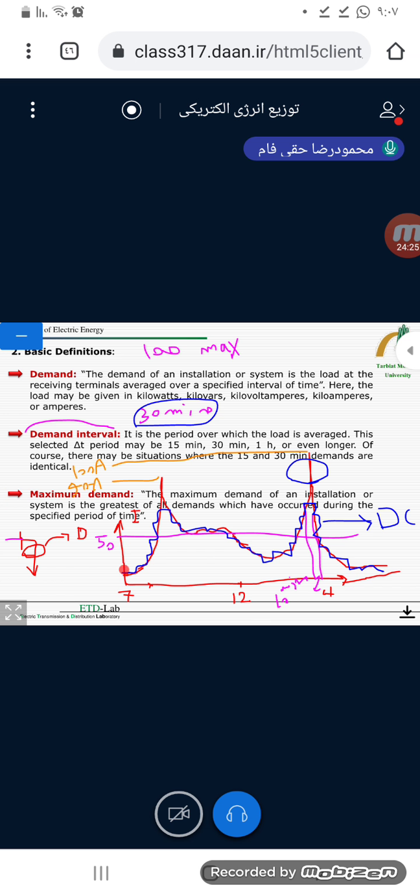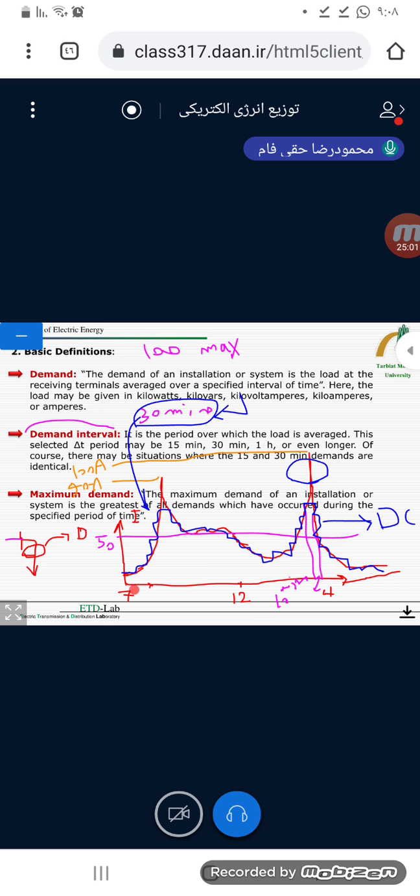In countries, the utilities, for example, the energy department and ministry, select a demand interval and the load curves are averaged by this demand interval, and the demand interval is the base for buying the power or current from utilities.